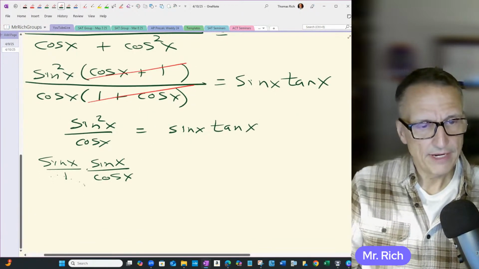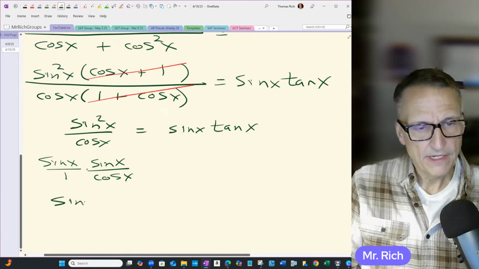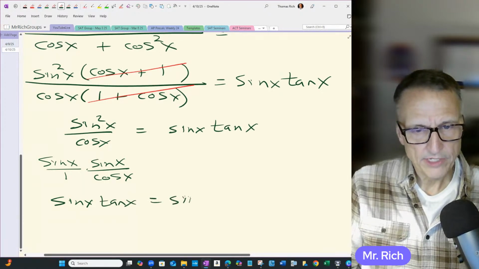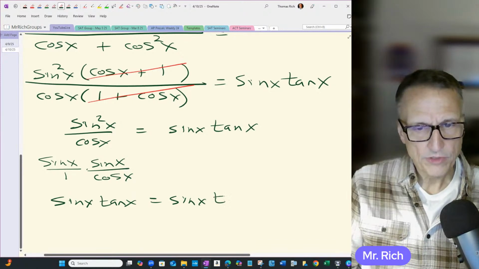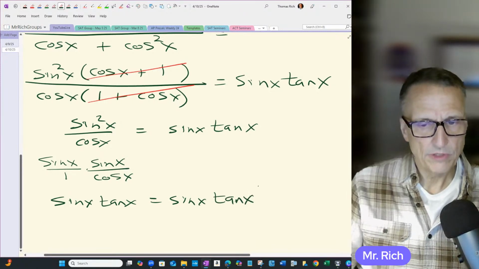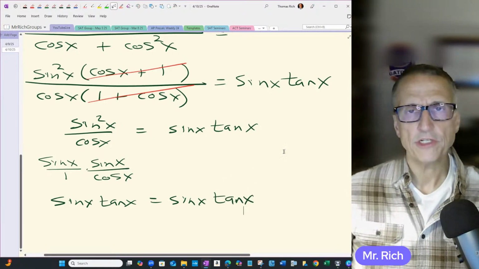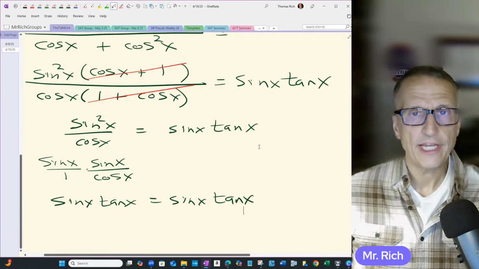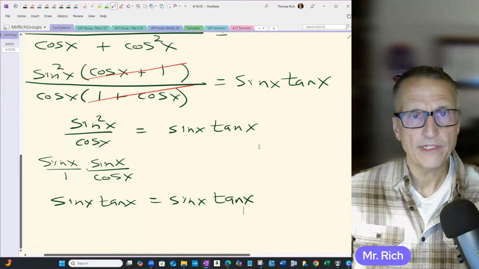And so my last step, and I'm done, is sine x times tan x. I've accomplished what I set out to do, which was to do some substitutions and some algebra manipulations to get the left side to look like the right side.